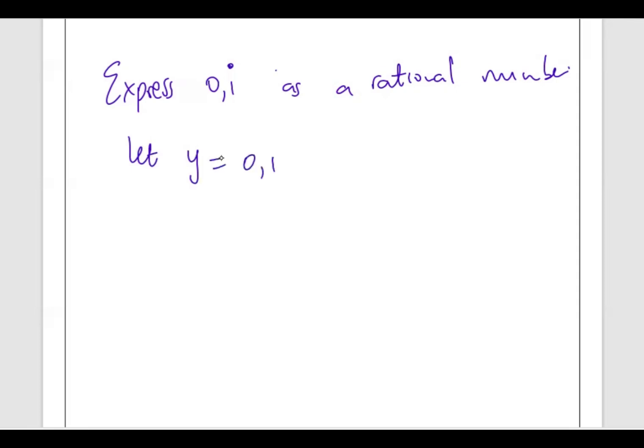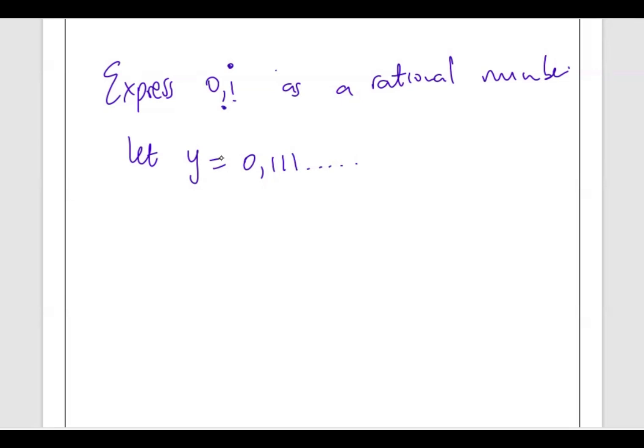Remember, recurring simply means we're just writing the same thing and so on and so forth. So I'm just using 3 numbers for convenience. Then the question is, how many places will this comma move to cover the numbers that are recurring? It's just one number that is recurring, which is a 1.